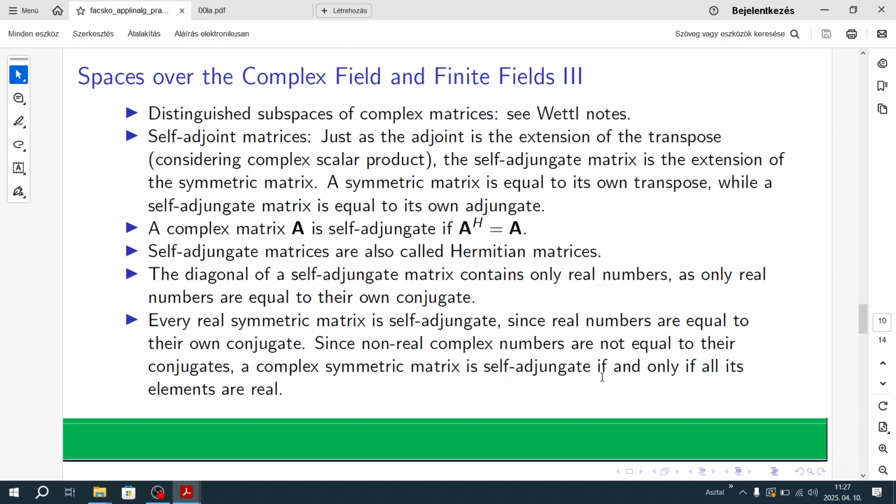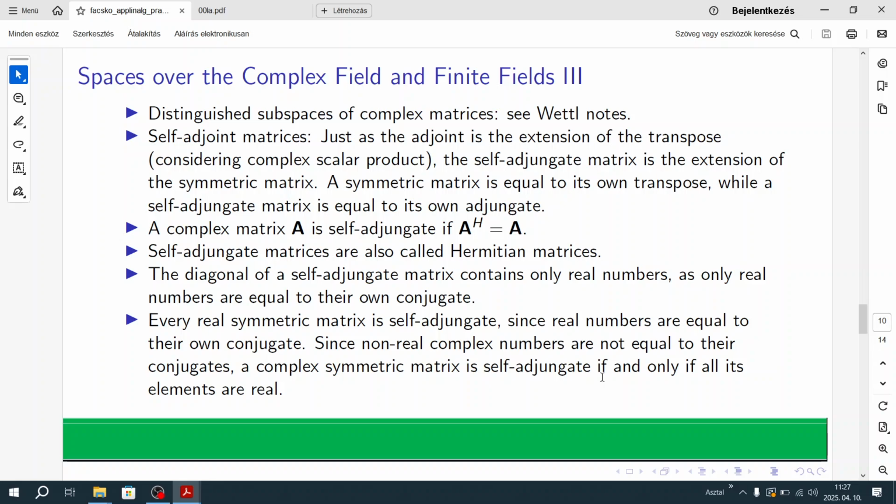The complex matrices have special subspaces, very nice. There are self-adjoint matrices, if the Hermitian transpose is the same as the original matrix.